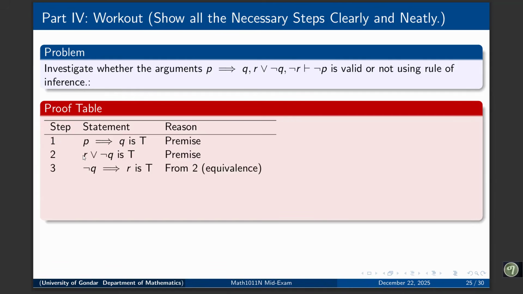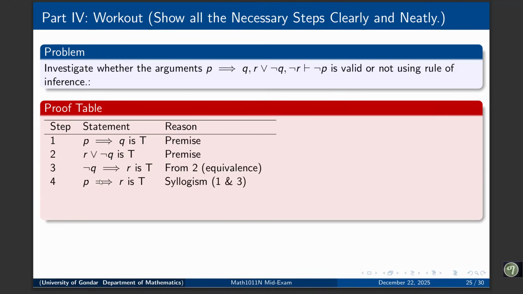We know that R or negation of Q is identical with negation of Q implies R. We can write that in this case. So the equivalent, negation of Q implies R, is true from the equivalency of step 2.